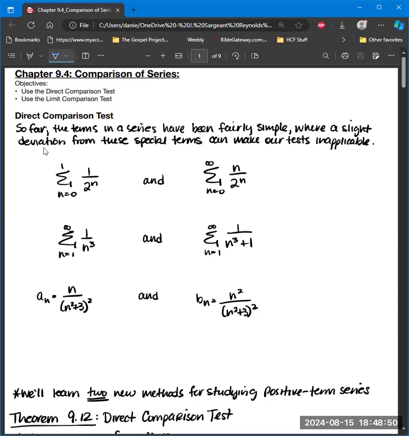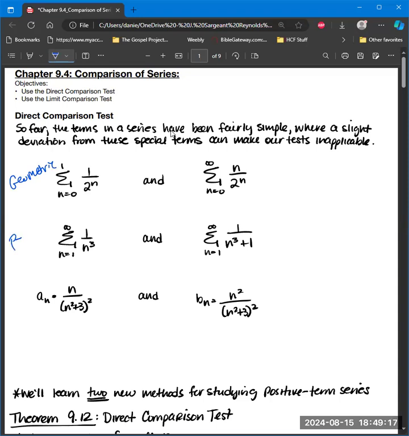But if we have a slight variation from those special series that we have studied so far, it can make our tests inapplicable. So for example, we start off with a geometric series here, 1 over 2 to the n. But if we change that numerator to be n, so it's n over 2 to the n, we can't use the geometric series test anymore.